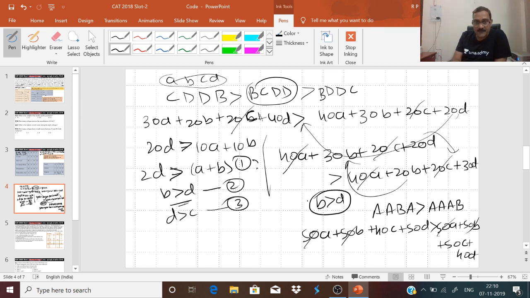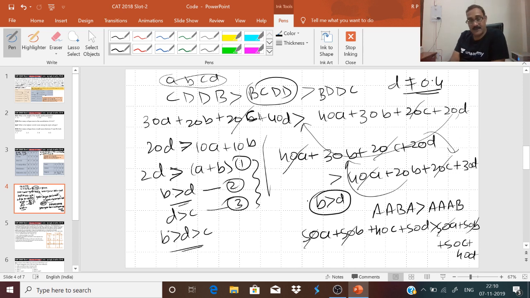By these three pieces of information, we can identify the weight of all the parameters. How? Because D is more than C and B is more than D, it means B is more than D and D is more than C. So guys, two things, D cannot be 0.4 because the maximum weight is 0.4, and B has to be better than that.